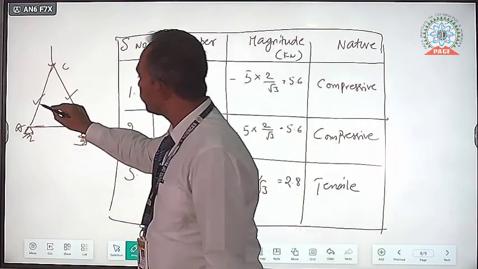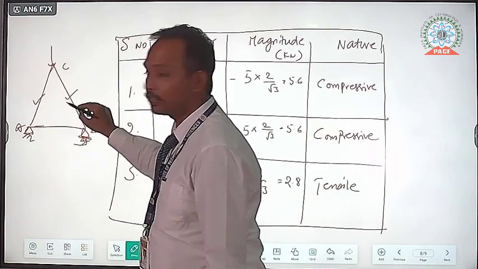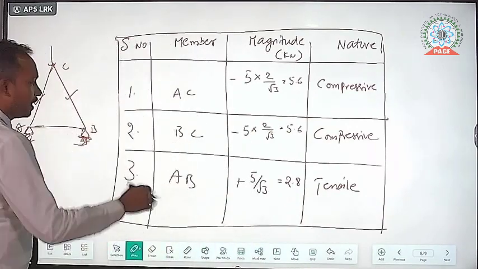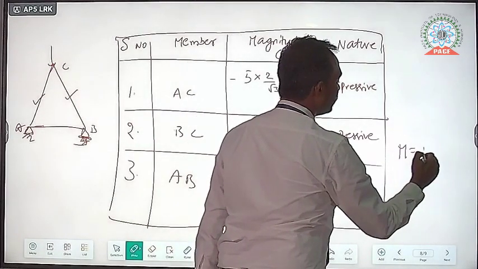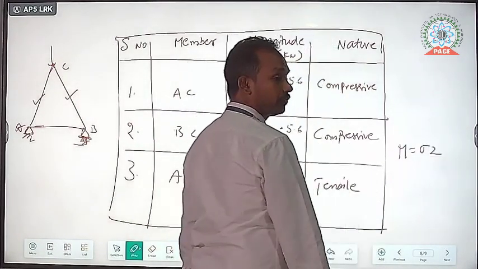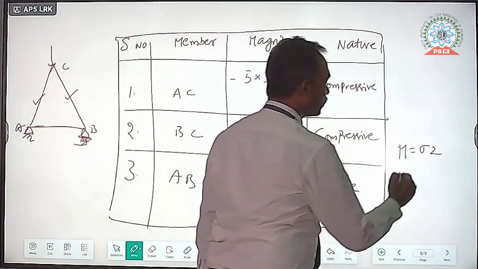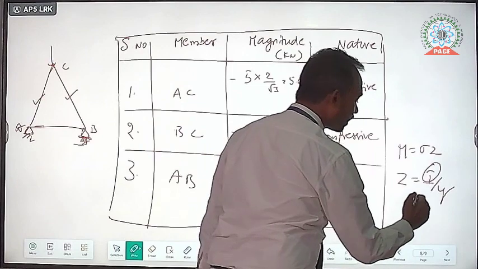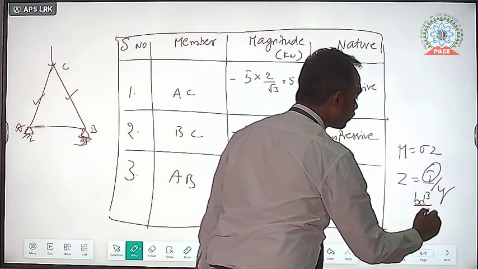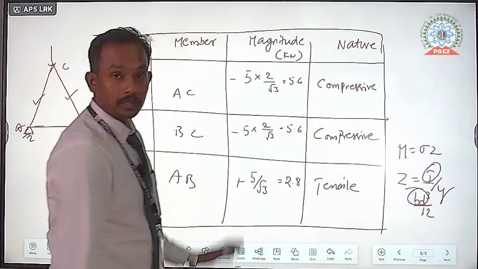Why? Because in the designing, in the next stages, you can see that M is equal to sigma into Z, M is equal to fZ. So Z is equal to I by y, where I is equal to, for rectangular sections, bd cube by 12. So breadth and depth or thickness, for this it is high, and for this it is low.